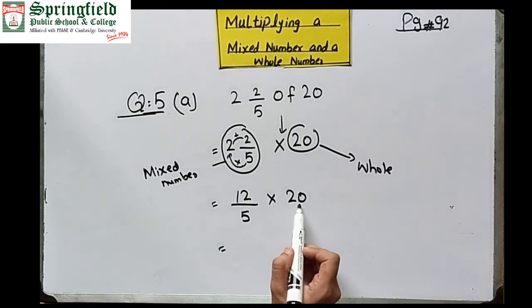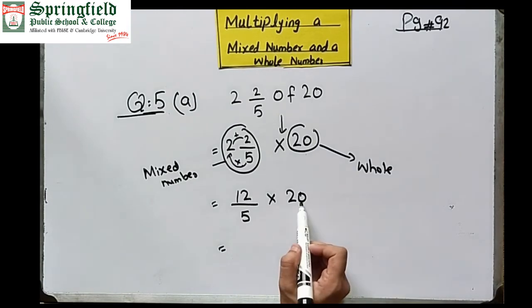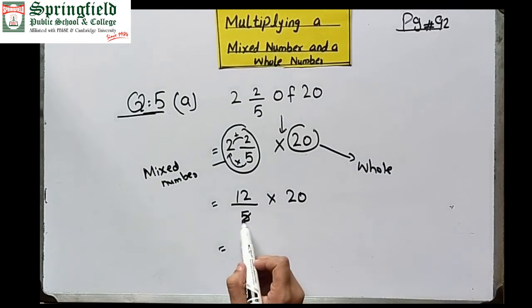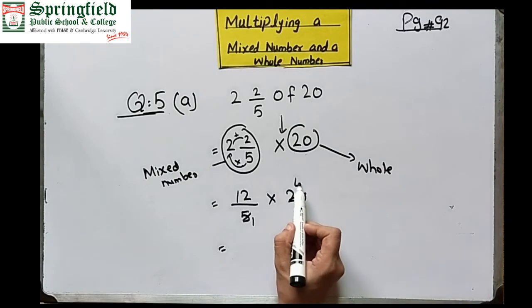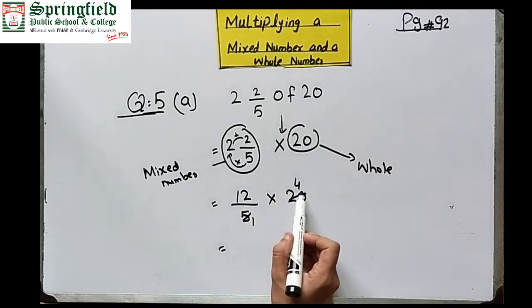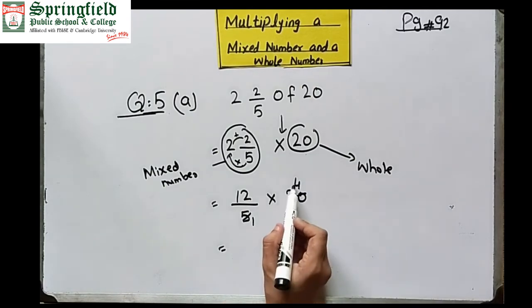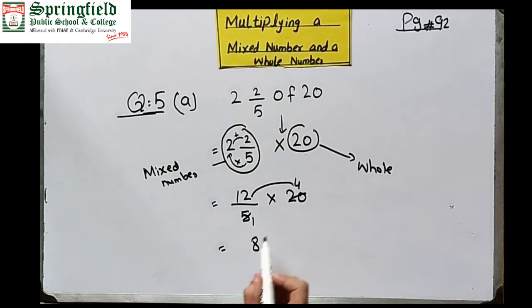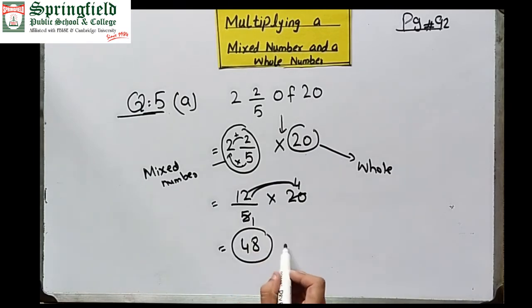So 20 comes in the table of 5. It means we can use the table of 5 here. 5 1s are 5, 5 4s are 20. And then 12 multiply 4, 48. So 4 2s are 8, 4 1s are 4. 48 is your final answer.